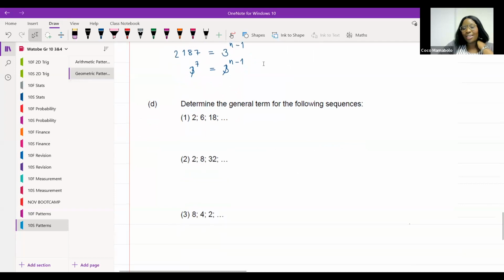This is just us looking for the general term, and we know so well. Yes, Offense, I agree. This question over here just says, determine the general term for the following sequences. So it's just you guys finding Tn over and over, and I know you guys know how to do that.